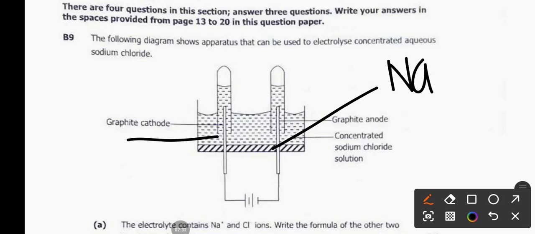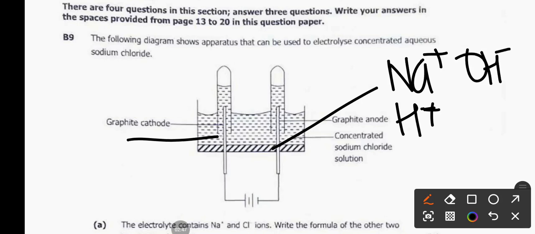We can group them into positive ions and negative ions. The positive ions are sodium and hydrogen ions, whereas the negative ions are the hydroxide as well as the chloride ions.